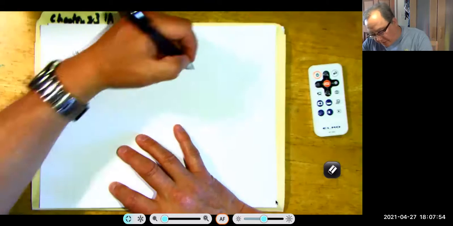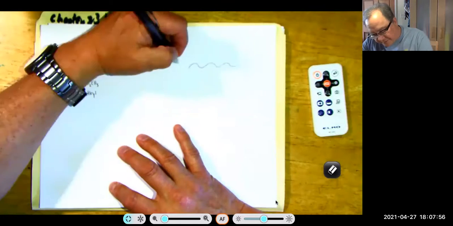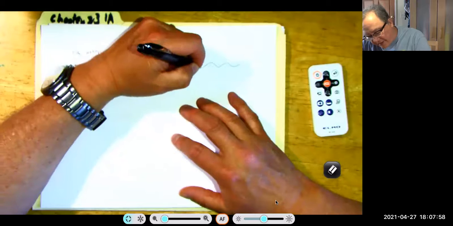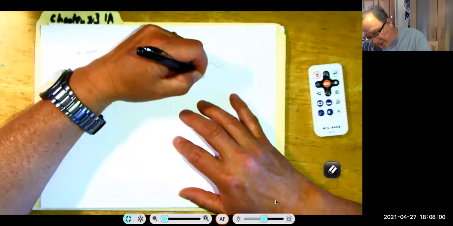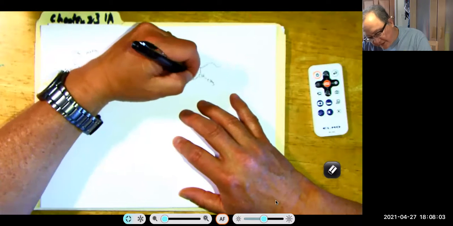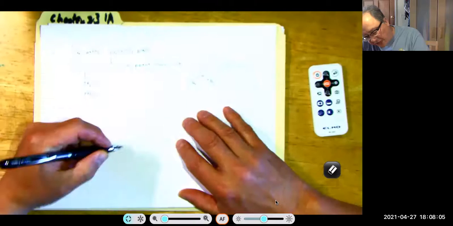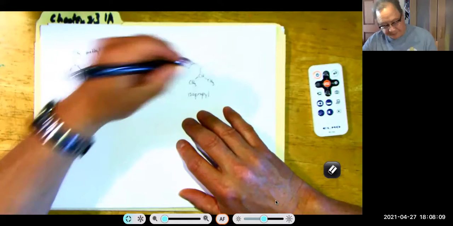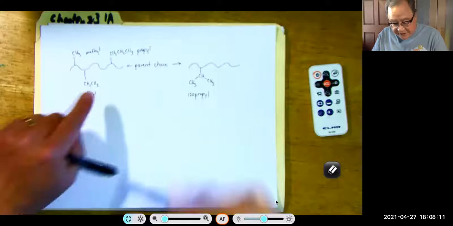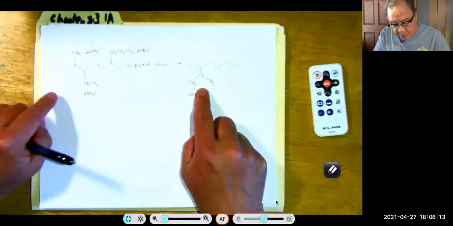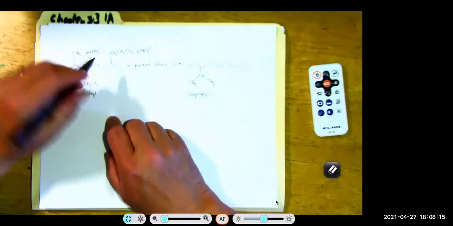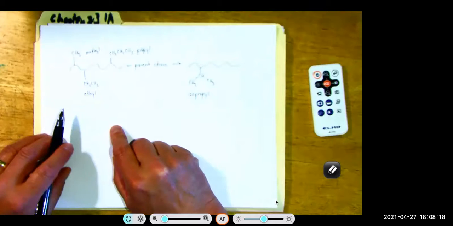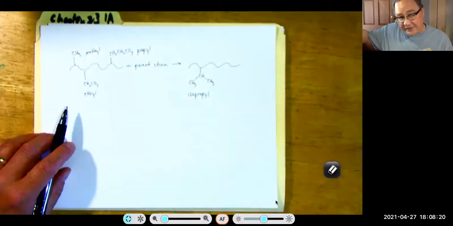And I'm going to draw another parent chain here. If you have a CH and a CH3, CH3 like this, that's called isopropyl. So the difference is for the propyl... Tony, can you make it a little clearer? Oh, yeah, it's not in focus, is it?